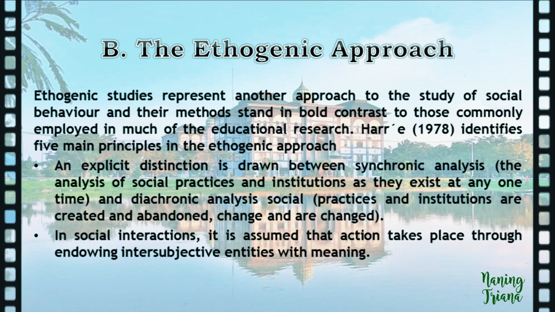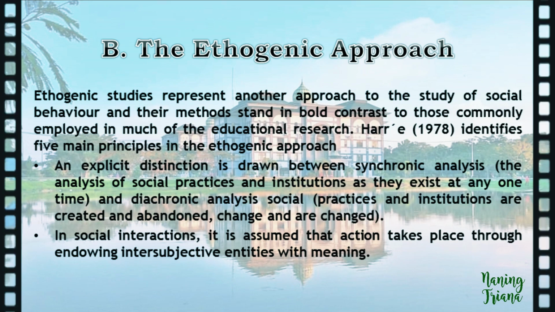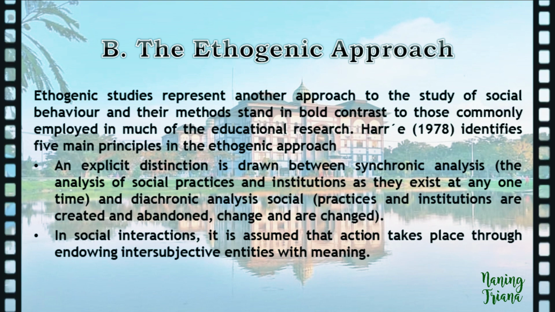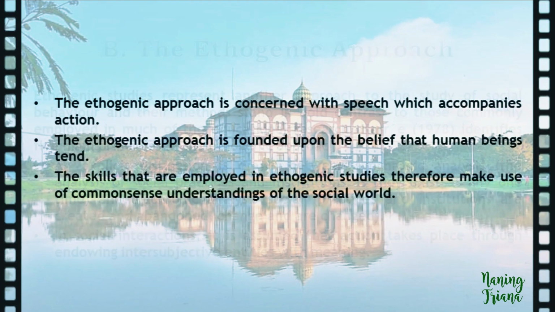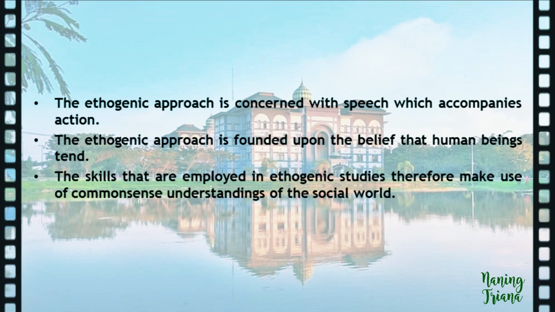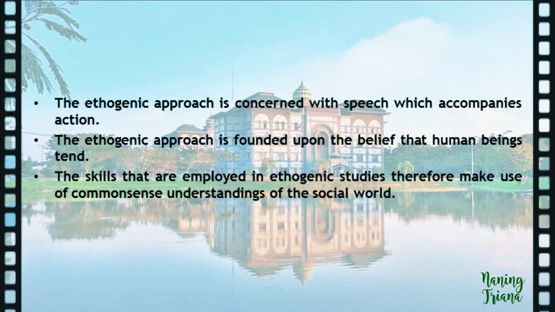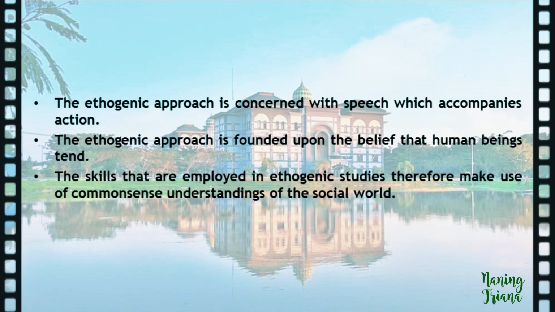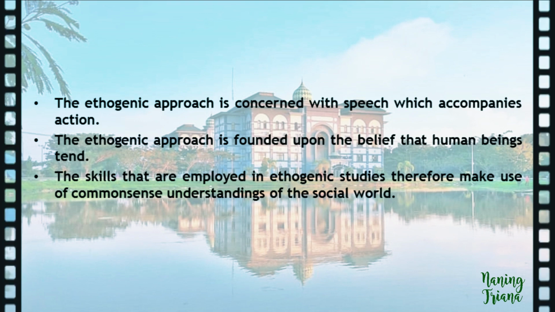The second, in social interaction, it's assumed that action takes place through endowing intersubjective entities with meaning. Then, the ethogenic approach is concerned with speech, which accompanies action. Next, the ethogenic approach is founded upon the belief that human beings think. And the last, the skills employed in ethogenic studies therefore make use of a common sense understanding of the social world.